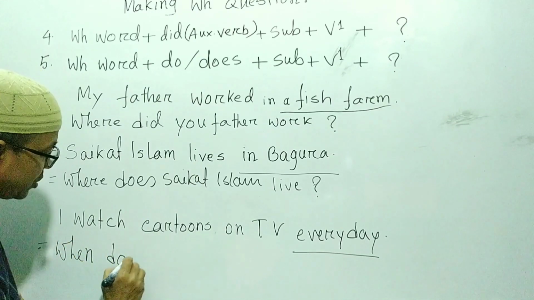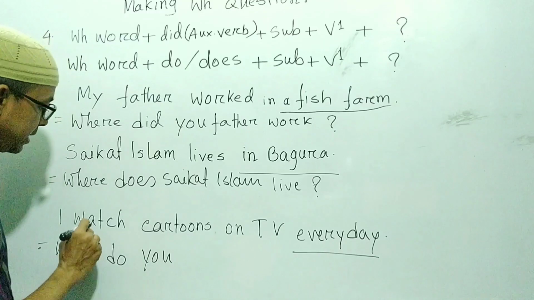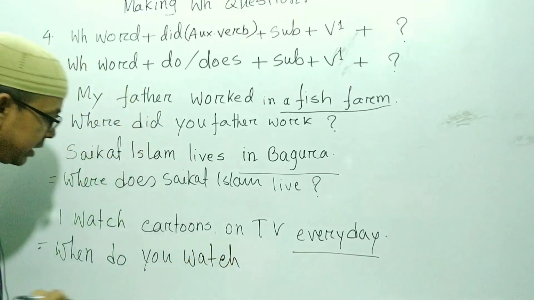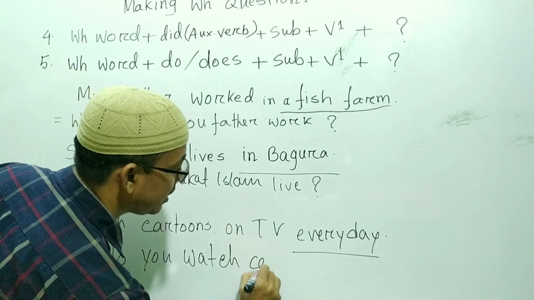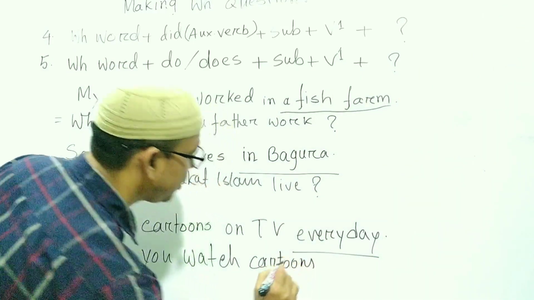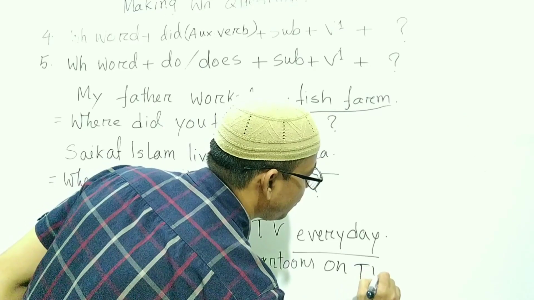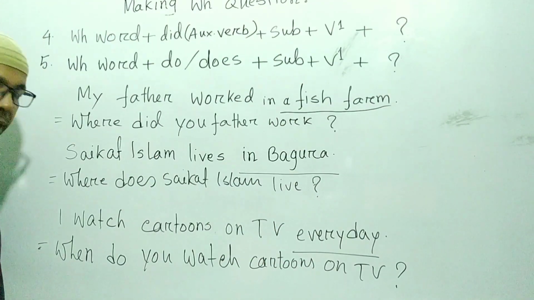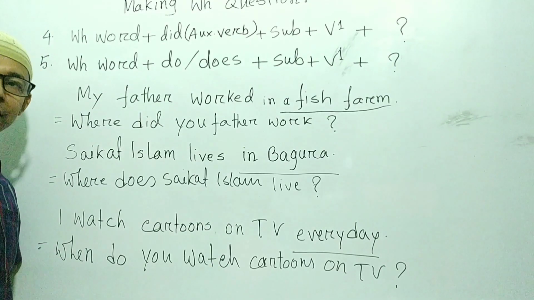So when do you, write here you, then the main verb of the sentence, that is watch, W-A-T-C-H, watch. When do you watch? Then cartoons, C-A-R, cartoons, on, then TV, and a question mark should be given. So the question is, when do you watch cartoons on TV?